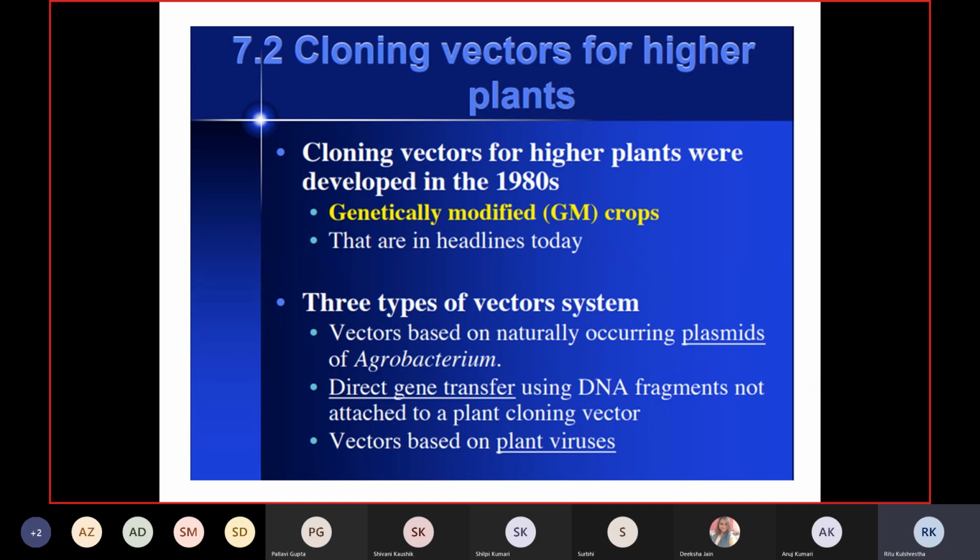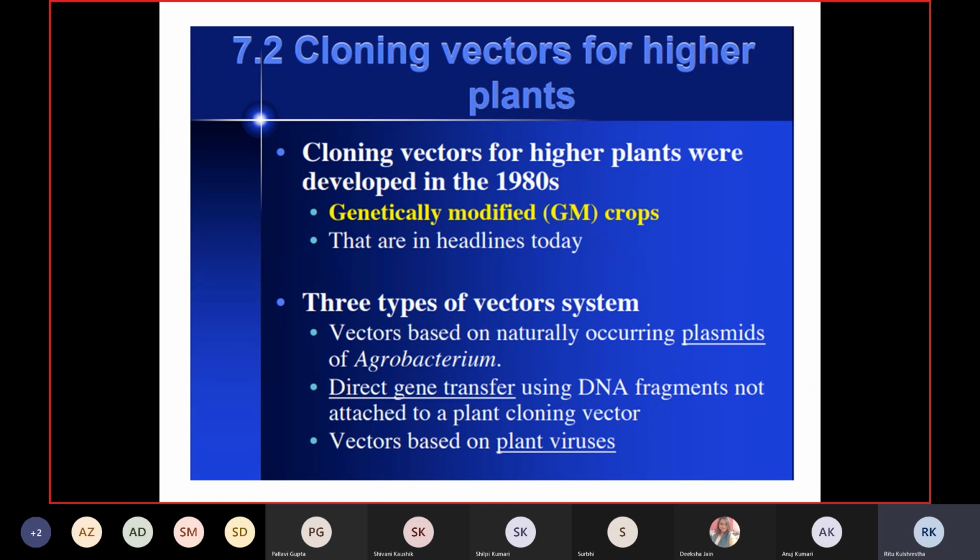Plants are even now being used for something called plant vaccines, in which the idea is to overexpress a protein, consuming which will lead to induction of immunity in humans. So plant vaccines is also something that is coming up.